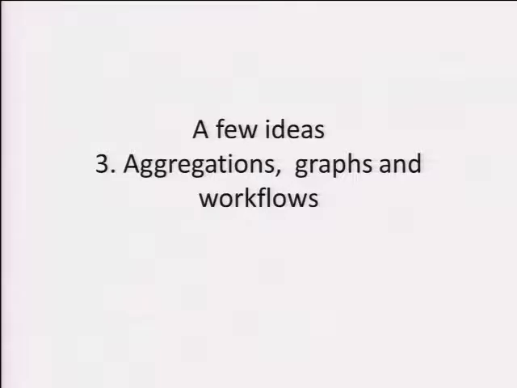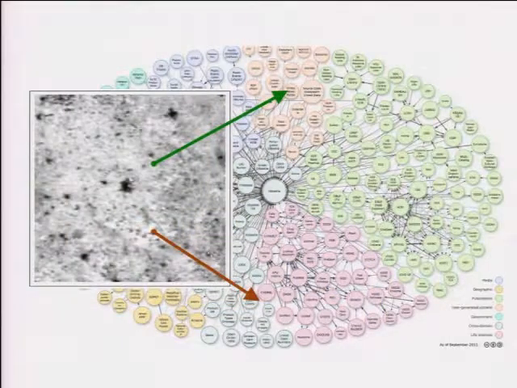The third idea where computer scientists can help in multiscale scenarios is working with aggregations, graphs, and workflows. And you'll see more about workflows as Roberto talks, but again, this is a huge graph.